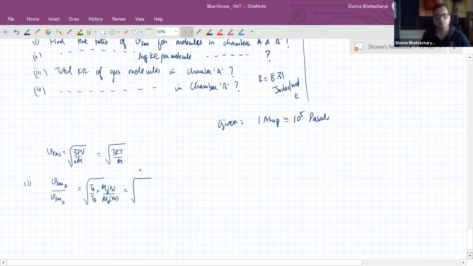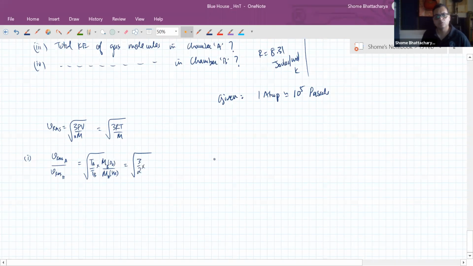So 3 by 2. Now molar mass of oxygen is 32 grams and molar mass of helium is 4 grams. So this should become 2 root 3.